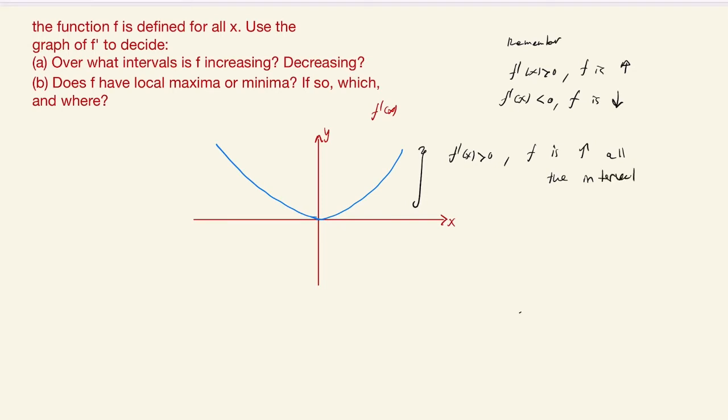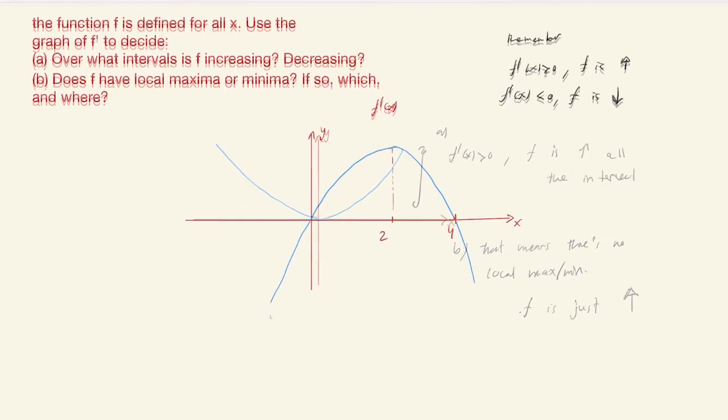We don't have anything at the bottom, so f of x is just increasing over the whole interval. For part B, we have a critical point where the first derivative is 0. This function is just increasing, which means we don't have any intersection with the x-axis. Therefore, we don't have a critical point to give a local maximum or minimum.